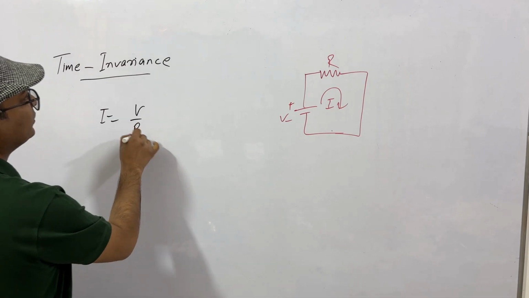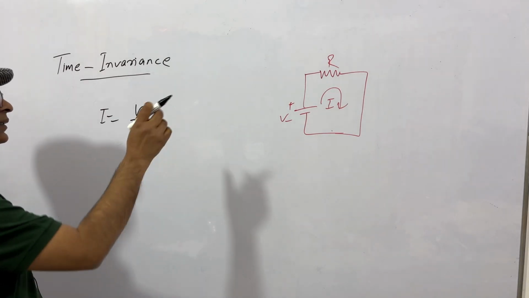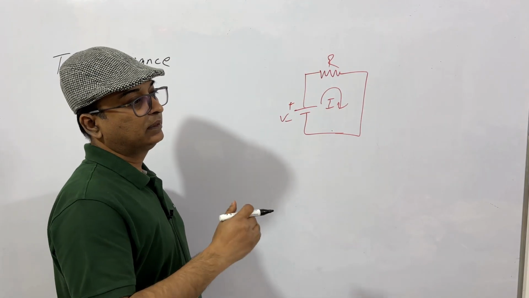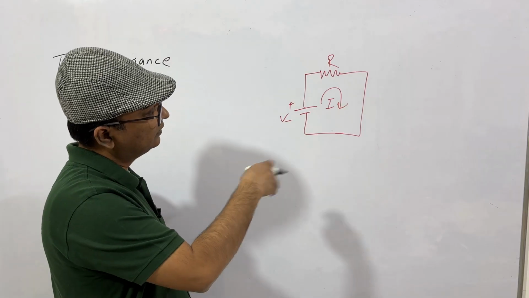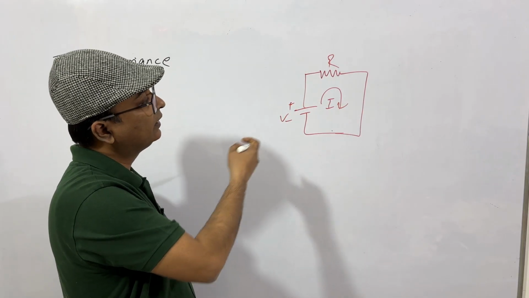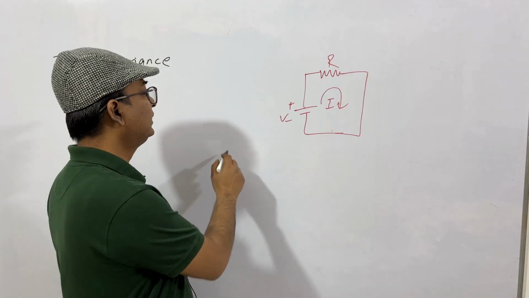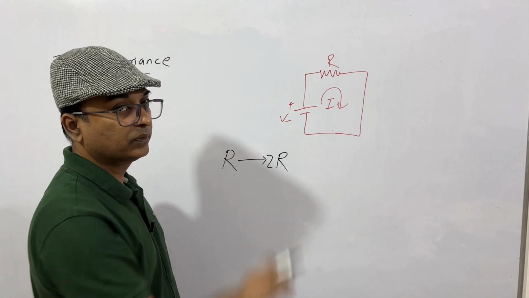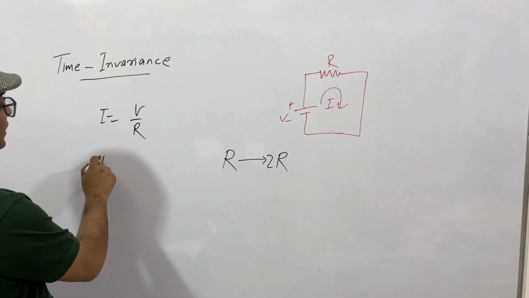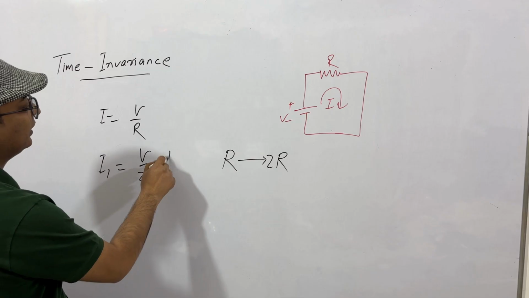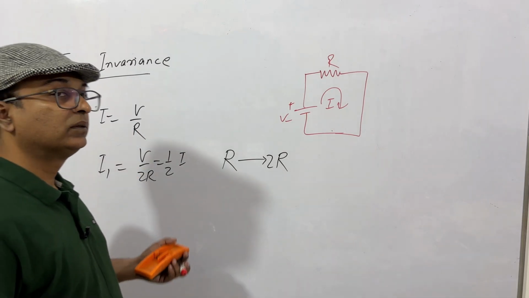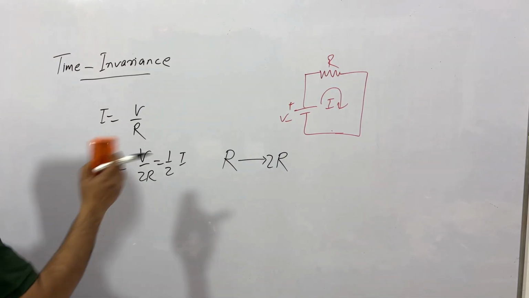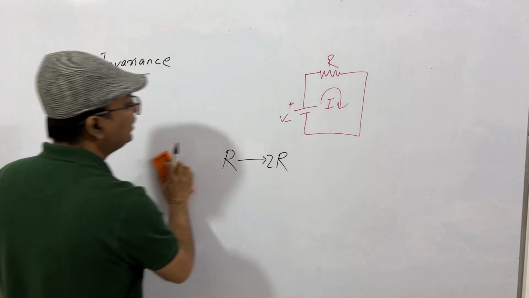I is V by R. Now, if the quality of the material of this resistance is not up to the mark, and after a few hours of connecting into this circuit, R becomes 2R, because the resistance increases due to heat or whatever method, then your new current will be V by 2R, that is half of the original I. So the characteristic of the system has changed. That is not a time invariant system. It varies with time. This is the conceptual meaning of time invariance.